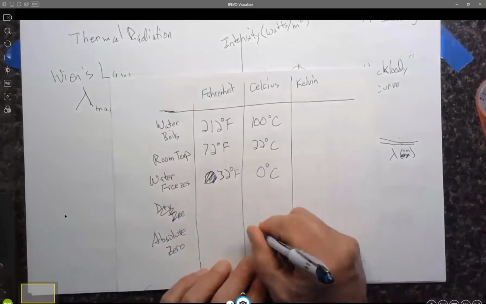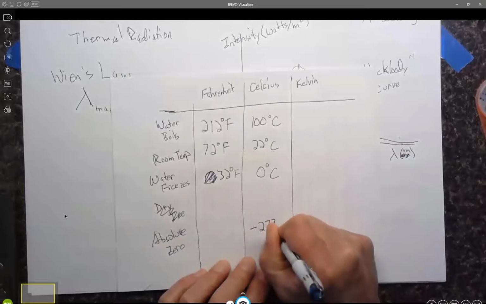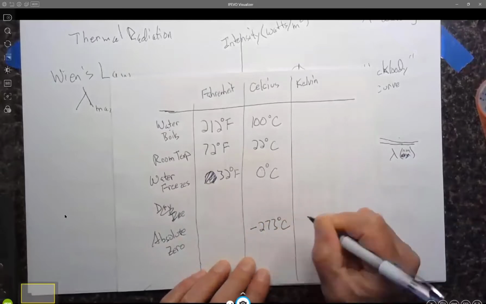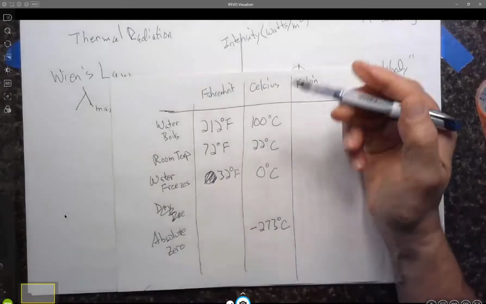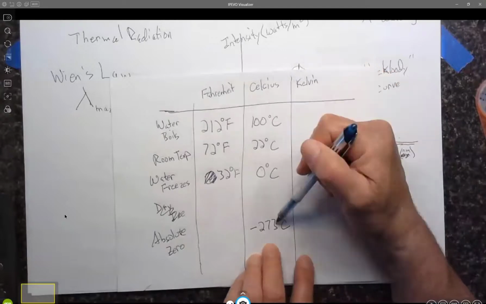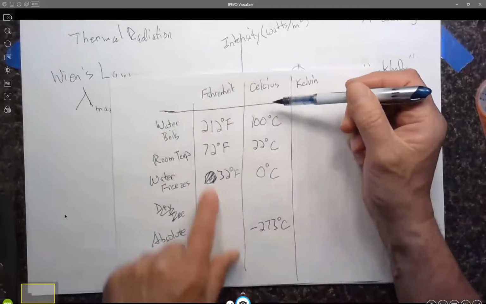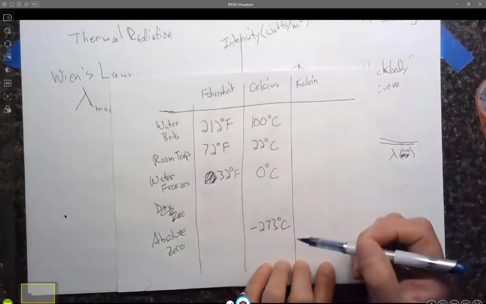Well, on the Celsius scale, that's minus 273 degrees Celsius. I don't know what it is on the Fahrenheit scale. It's minus 400 and some odd degrees Fahrenheit, but I don't care because if I'm doing science stuff, I am not going to be using the Fahrenheit scale. I'll use either Celsius or Kelvin.